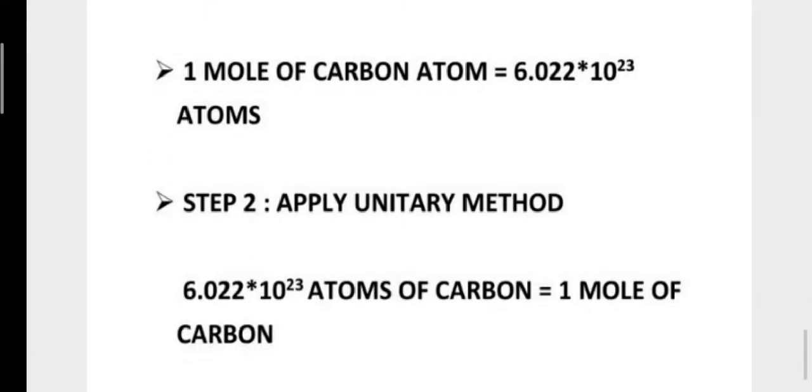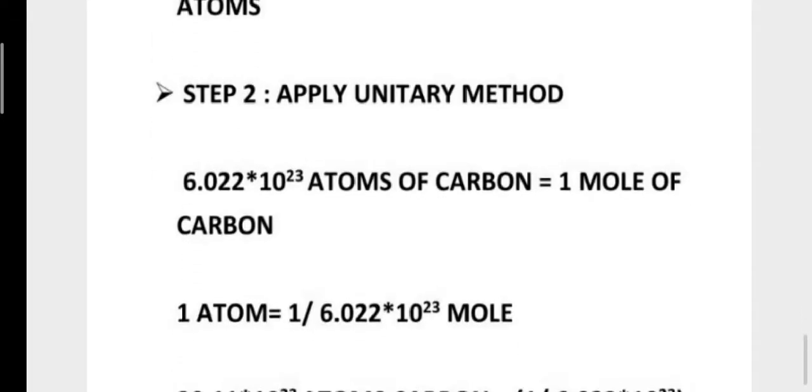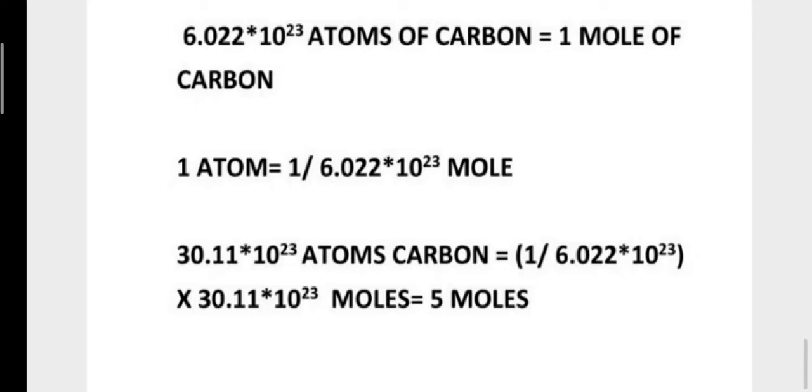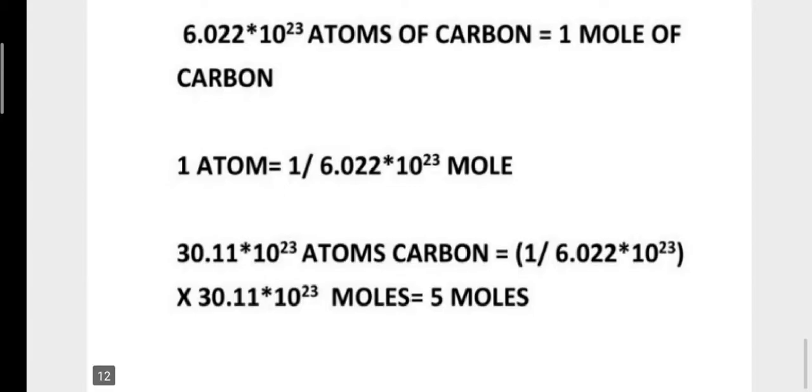We can write it in a reverse way. 6.022 into 10 to the power of 23 atoms of carbon are equal to 1 mole of carbon. Then 1 atom will be equal to 1 by 6.022 into 10 to the power of 23 mole. And 30.11 into 10 to the power of 23 carbon atoms will be equal to, just multiply this with the number of atoms that has been given. And that comes out to be 5 moles.